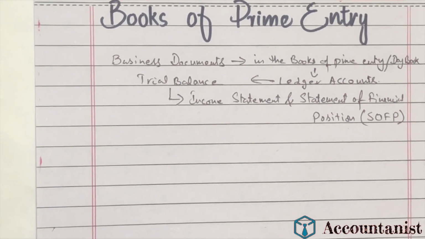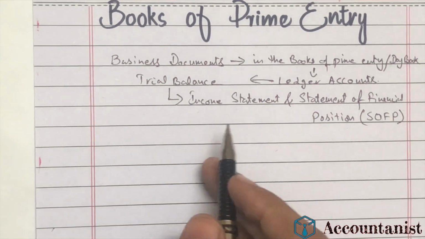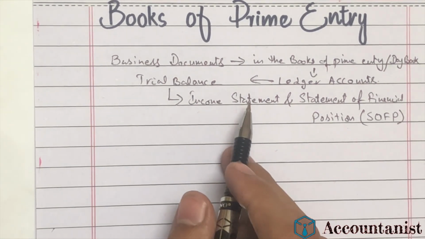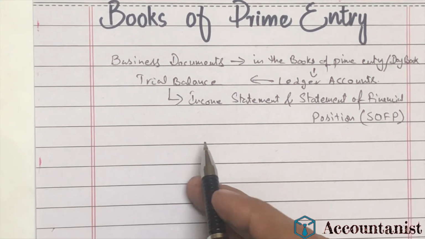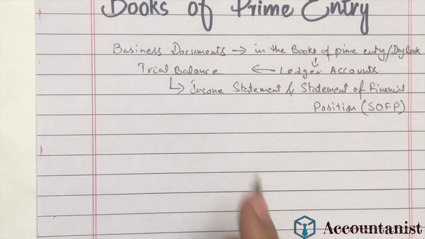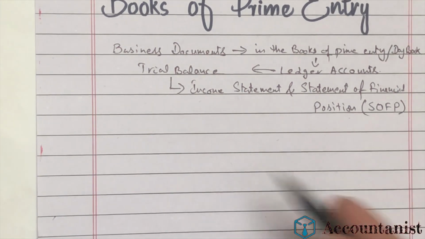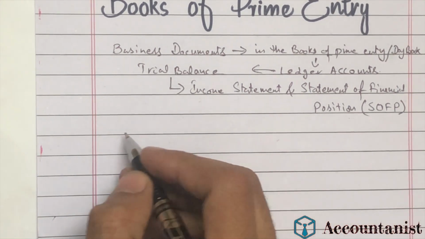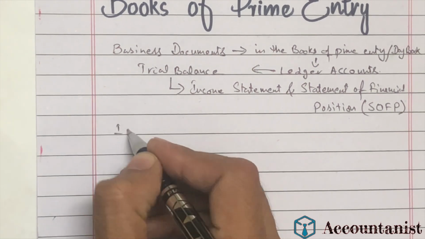So how do we make transactions in the books of prime entry, and how many daybooks, meaning books of prime entry, do we have? In the O-levels and IGCSE syllabus there are 7 daybooks. The first one is the cash book.